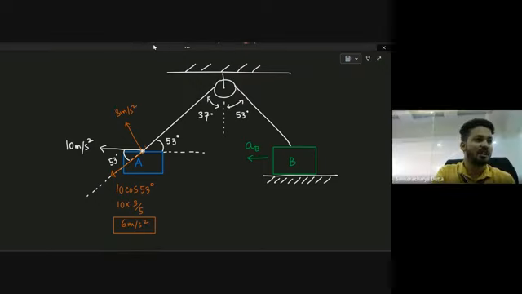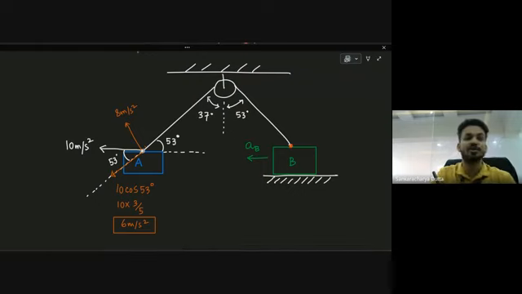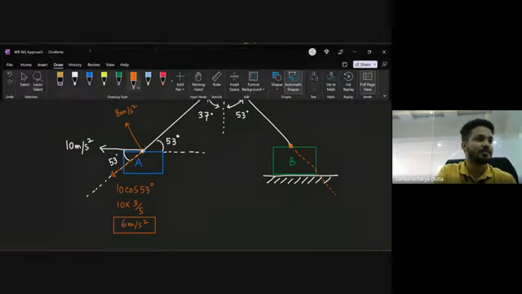Okay, now let's talk about the components of this acceleration a_B. I know this point which is attached to block B is again going to have two components, one along the string and one perpendicular to the string. Now this is a vector that is going like this. Let me draw it like this with a white color.